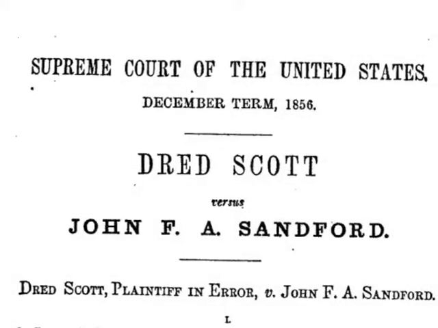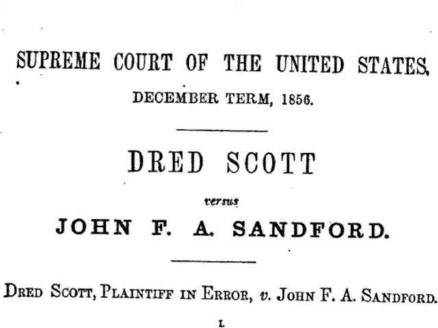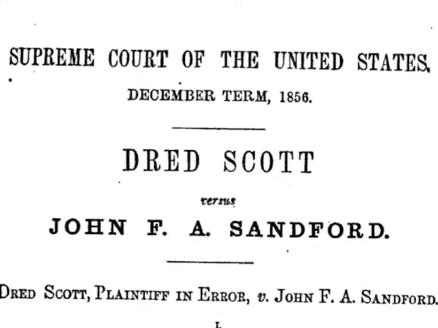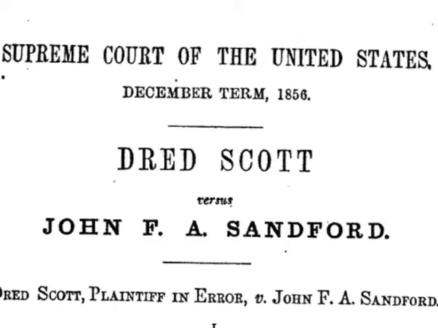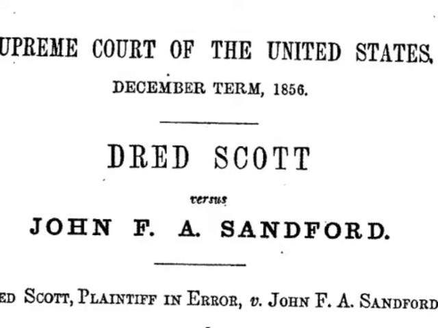The principal question that Taney addressed was whether or not a black person was considered a citizen according to the United States Constitution. If Dred Scott wasn't a citizen, then he had no citizen's rights, no civil rights, especially no right to take his master to court to earn his freedom.